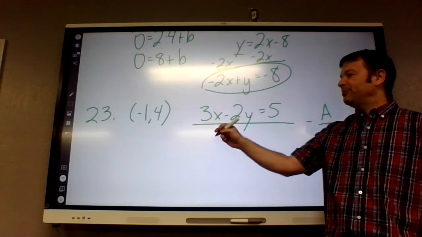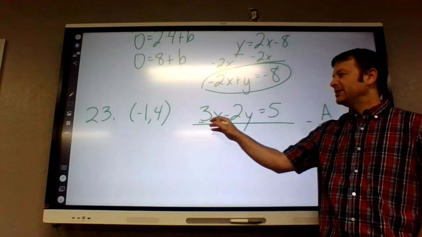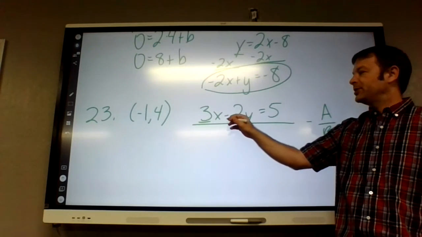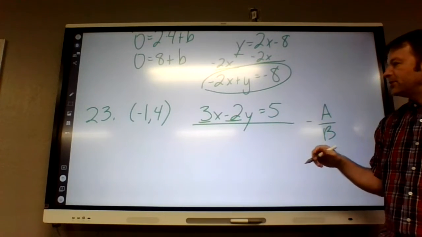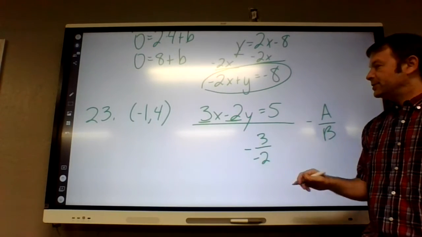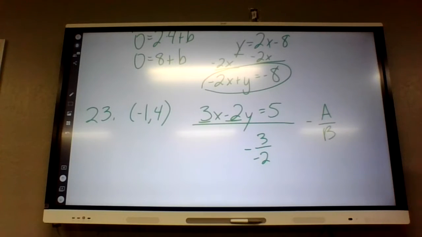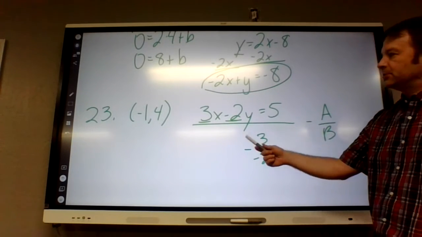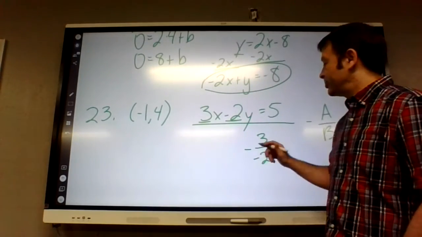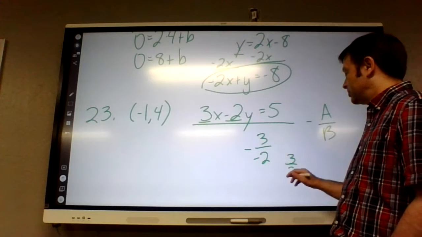A and B are 3 and negative 2. So negative A over B would be negative 3 over negative 2, which is 3 over 2.